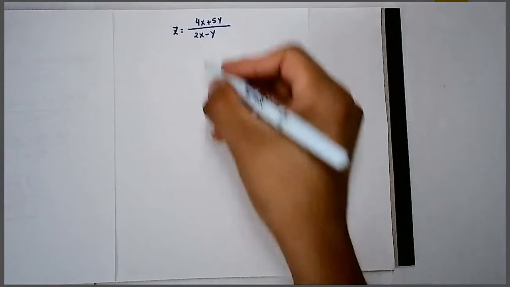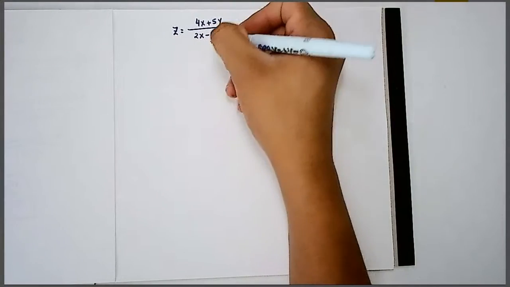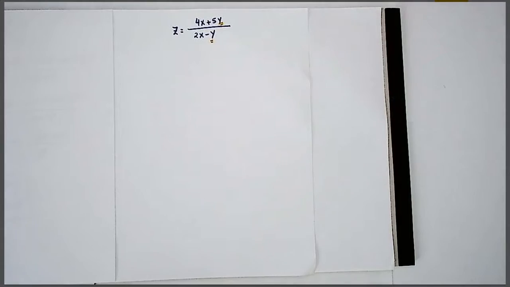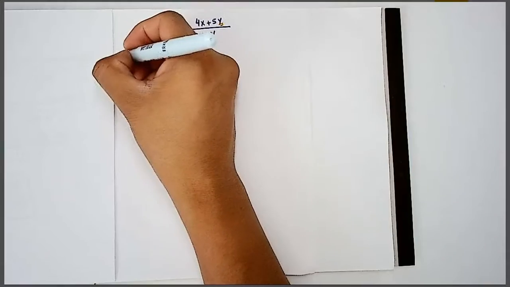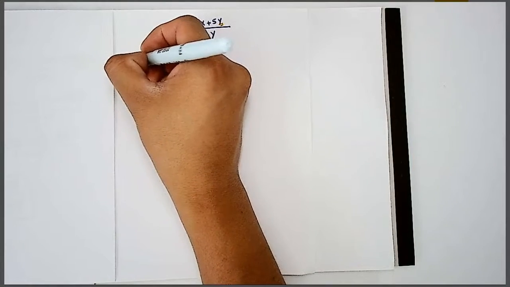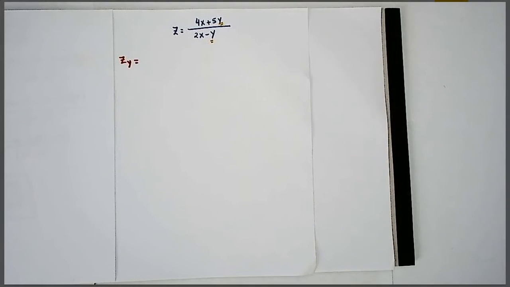Because y also appears in the numerator and the denominator, when we want to take the derivative of z with respect to y, we also will apply the quotient rule.